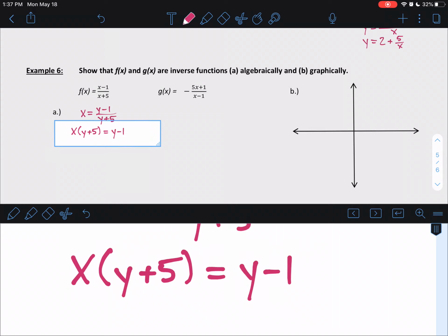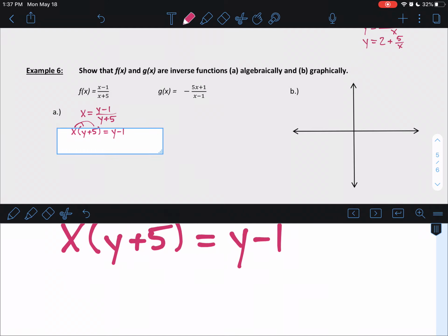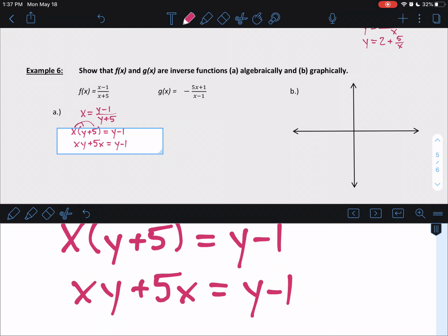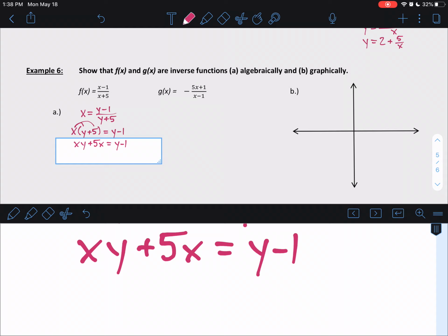Then I'm going to distribute my x. X times y is xy. 5 times x is 5x equals y minus 1. Again, we have to get all of our y's on the same side. We have to get all of our non-y's on the same side. So I'm going to subtract y from both sides first.